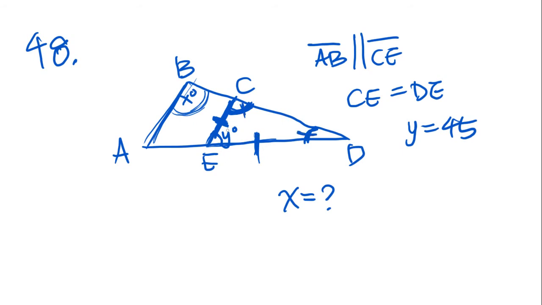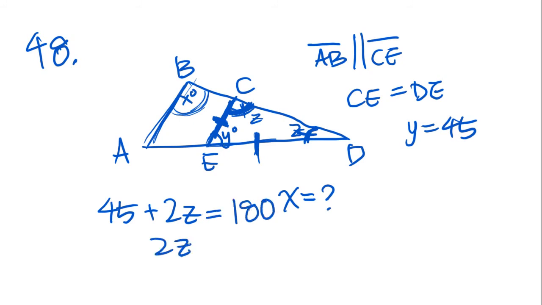We also know that all the angles of a triangle add up to 180, and we were given y. So 45 plus, let's call this z, plus 2z, because both of these are z, since they're the exact same degree, equal 180. And then we just move the 45 to the right.